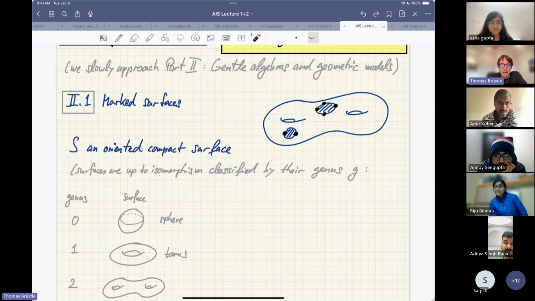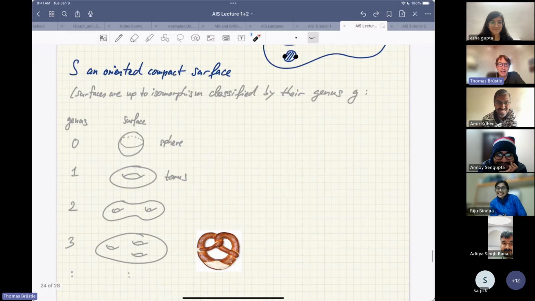Good. I am currently in Germany and I can eat for breakfast a surface of genus 3. You see it here. This is a wonderful, perfect example. The surface of my pretzel is really a surface of genus 3. There are 3 holes. You can see them here, right?